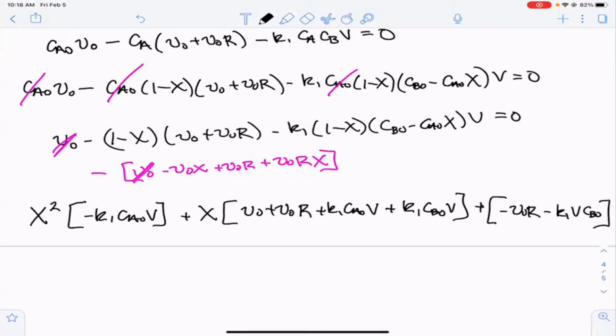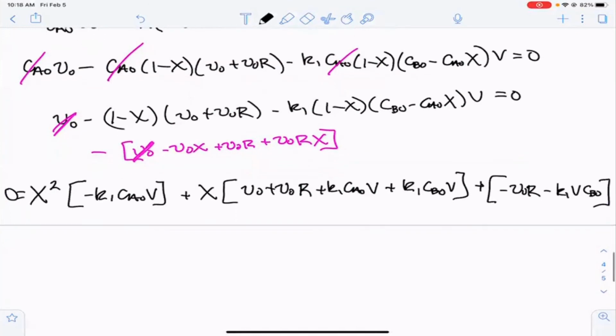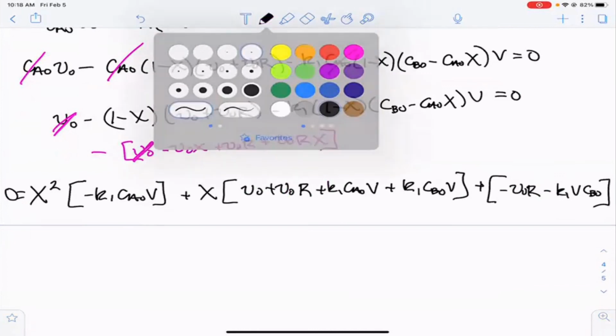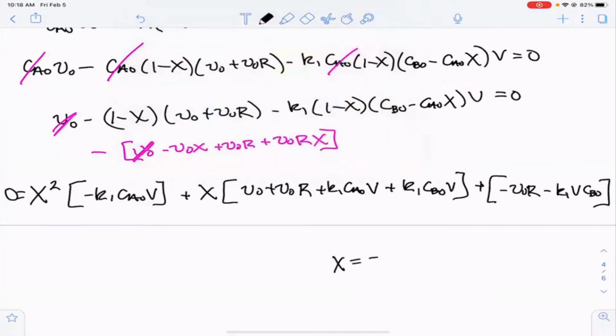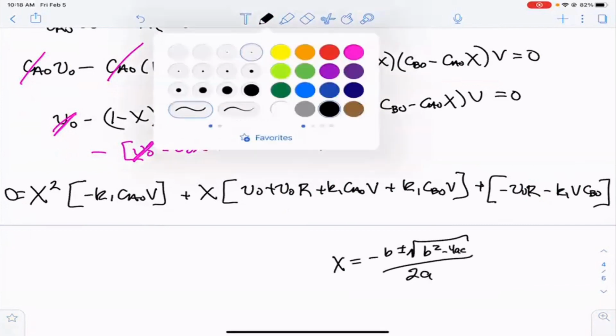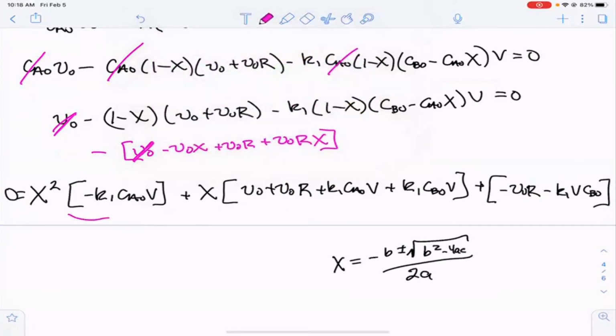Okay. And that's equal to 0. We can solve this problem by parametrically changing the recycle ratio, right? We're really interested in how conversion changes with that. Once we do that, we'll just solve this equation using negative b plus or minus the square root of b squared minus 4ac over 2 times a, where of course this is a, this is b, and that's c.